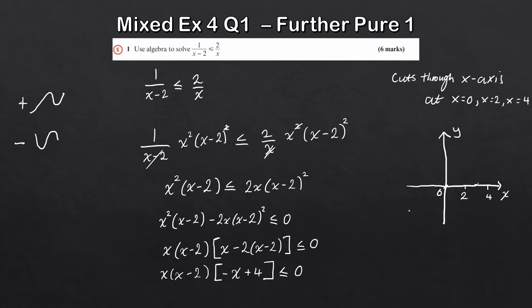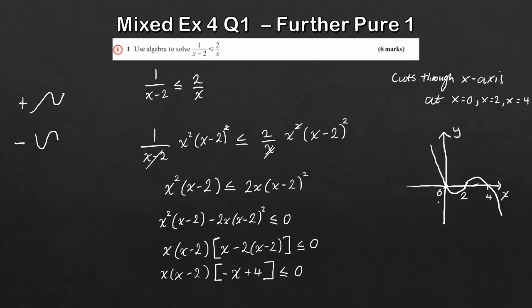Okay, so again, we've just got to sketch this, nothing spectacular. So it comes down to 0, goes underneath, cuts up through at 2, between 2 and 4 it's above the axis, and then we're going underneath again. So the question here now is, where is this cubic less than or equal to 0? We've got to take a look at our sketch, and it doesn't have to be perfect, just to give you an idea.